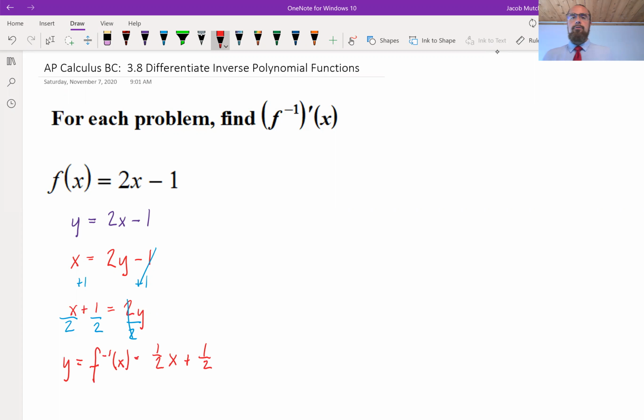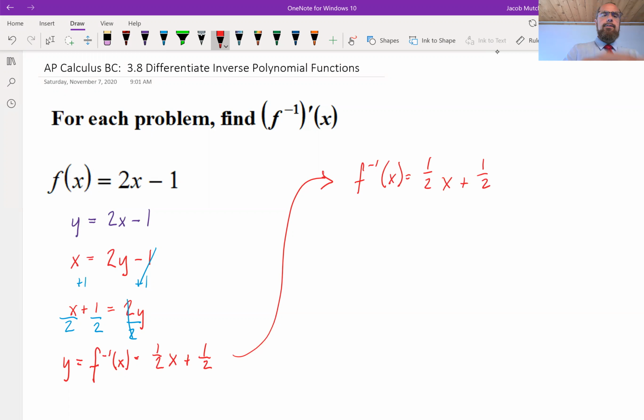Now once I have the inverse function of f of x, all I have to do to take its derivative is apply my derivative rules. So at this point, we'll just bring this up, and we'll write here, just so we can see it again, the inverse is 1/2 x plus 1/2.